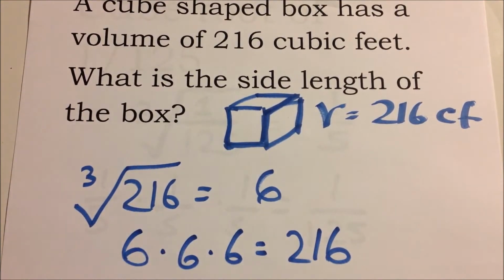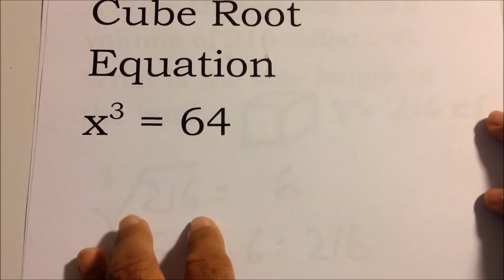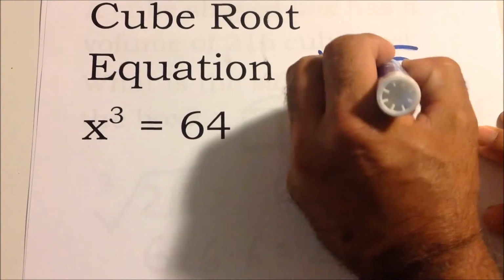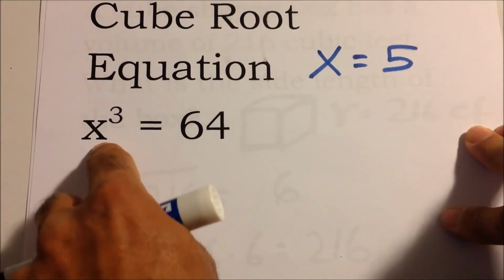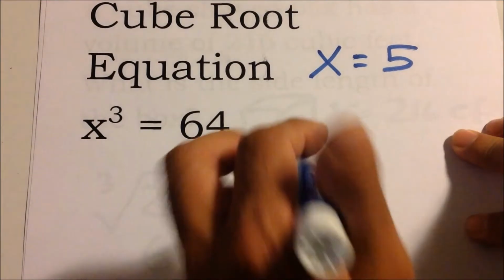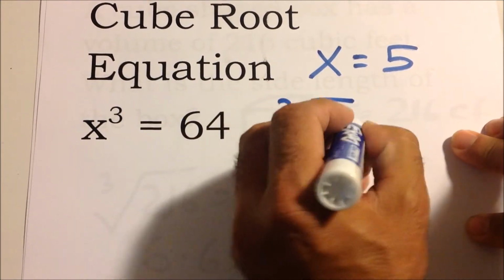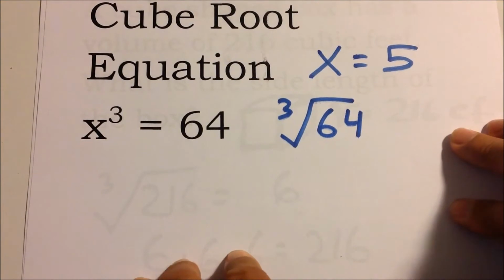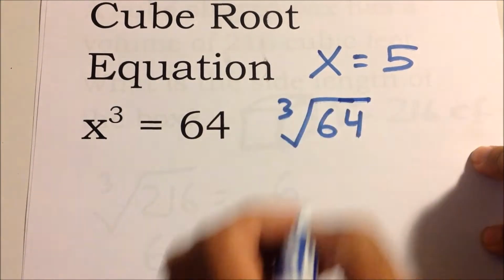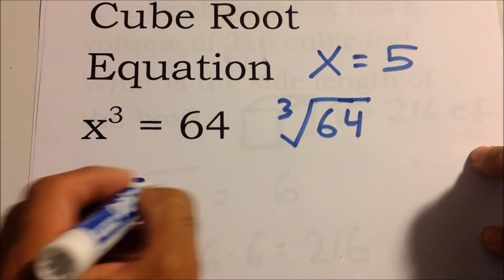Now, we can also do cube root equations. So with linear equations, we have, for example, x equals 5. Well, here we have x to the third power equals 64. So that's like saying, what is the cube root of 64? That's basically what it's saying. What number times what number times what number is 64? And we know the answer: x will be 4.